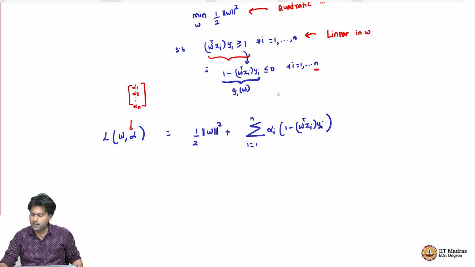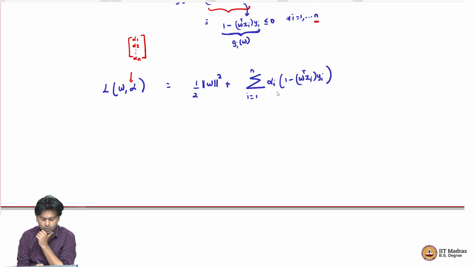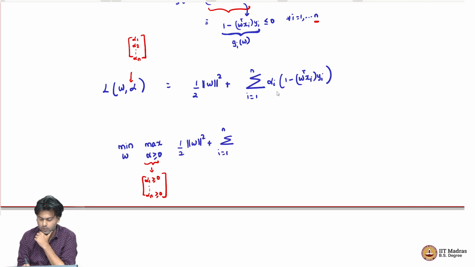So now what we are saying is that we can either minimize over W, maximize over alpha greater than or equal to 0, which just means alpha 1 greater than or equal to 0 dot dot dot alpha n greater than or equal to 0. You min-max this half norm W squared plus the sum over i is 1 to n of alpha i times (1 minus W transpose Xi Yi).